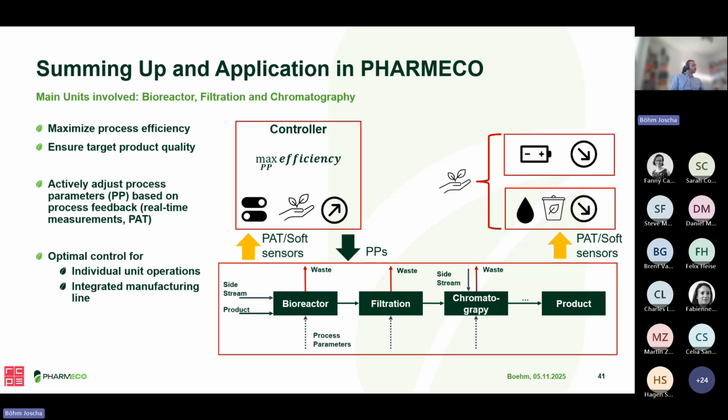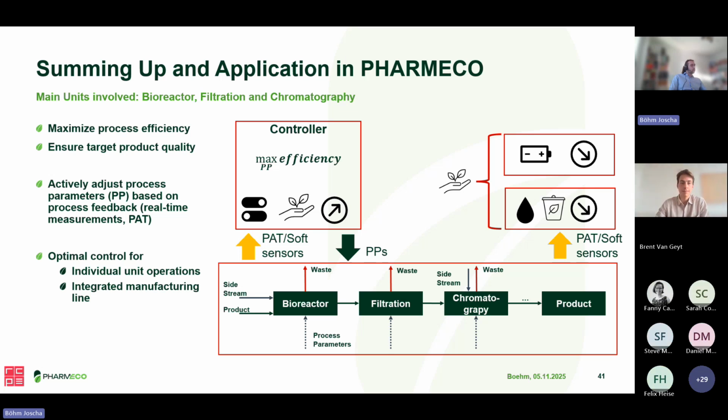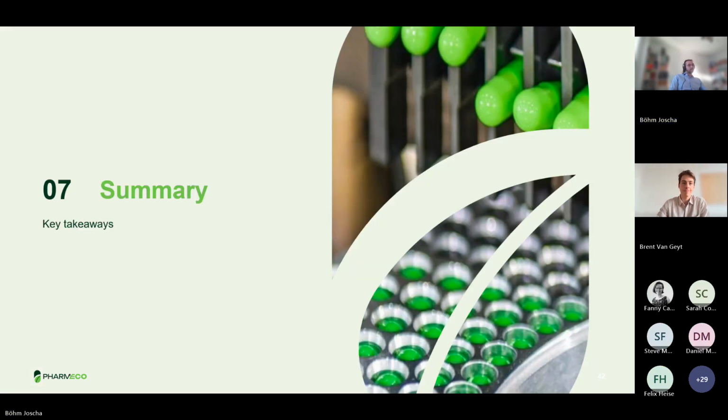This can be done as shown before for single unit operations, with the example focusing on the bioreactor only, but it can also be done in a way that we make this optimization over an integrated production line consisting of multiple units to have a plant-wide optimization of the efficiency, using really interdependent parameters here. With that, I want to hand over back to Brent for the summary. Thank you.